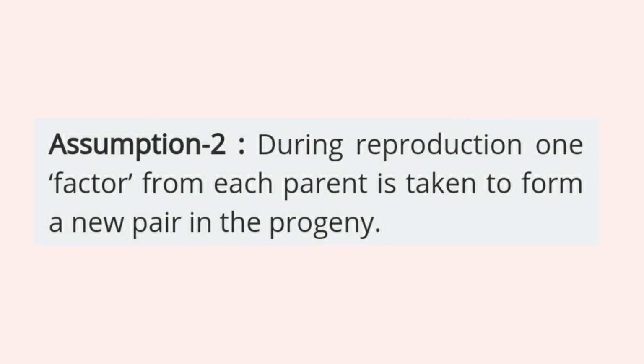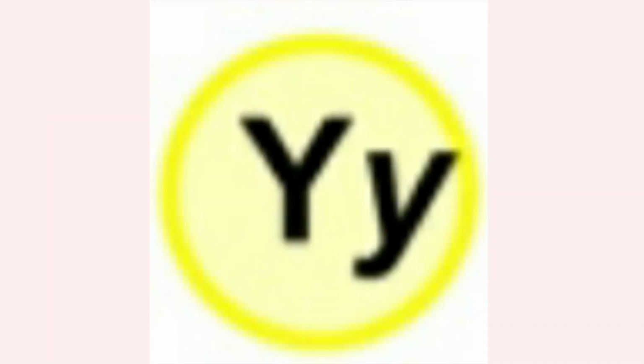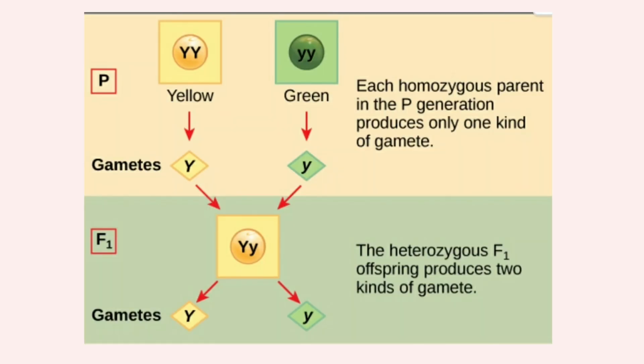From assumption 2, that reproduction will involve a factor from each parent, we should understand that the breed after cross pollination will have one factor capital Y and one factor small y. That is, all the peas will have the paired factors capital Y and small y, and the expression in the F1 generation will be yellow.